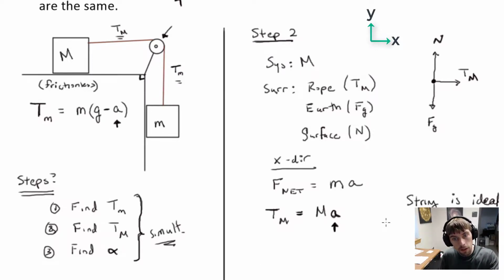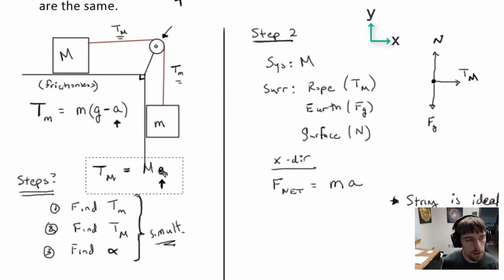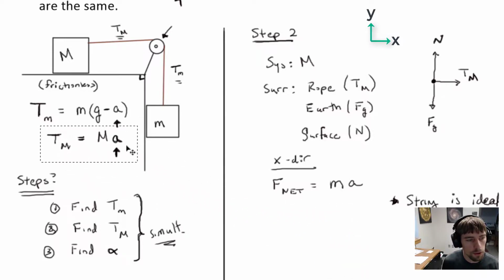That means if one mass drops, the other one has to move at the same rate. So the string is ideal. So that allows us to use the same acceleration in both of those equations. So there's our second one.